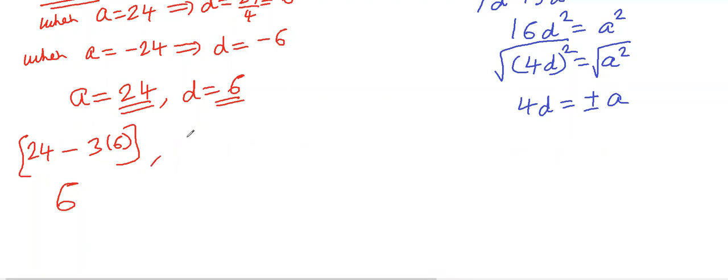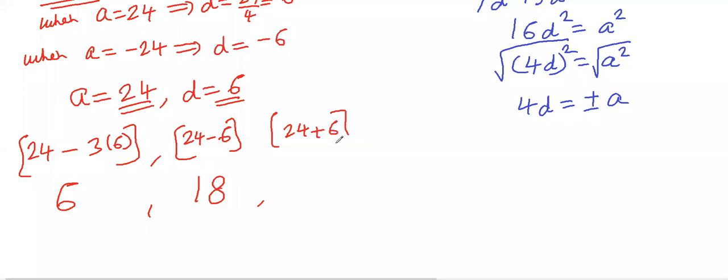This is the first part. And the second part is what? A plus D, no, A minus D. So it will be 24 minus 6. It is 18. This is the second part. Okay, what will be the third part? Third part will be 24 plus 6.